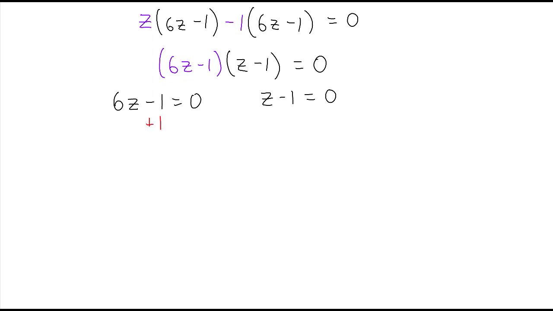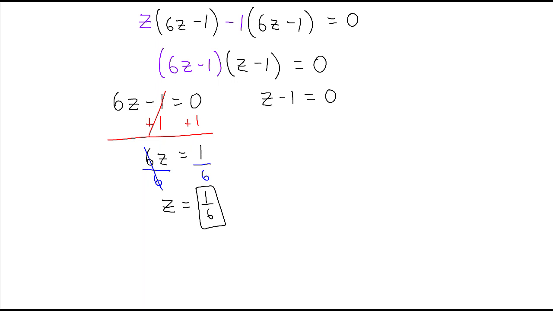Cancel out the minus 1 by adding 1 to both sides. Okay, that constant term is canceled out on the left side. And 0 plus 1 is 1. Now let's get rid of the 6, right? You can eliminate a factor like 6 by dividing by it. That gives me z equals 1/6.